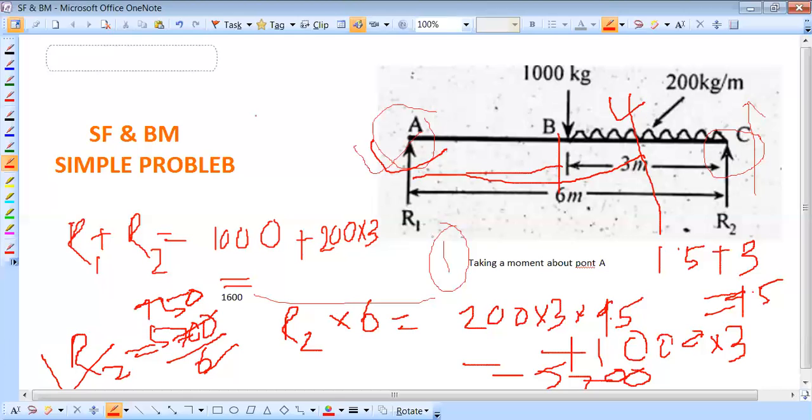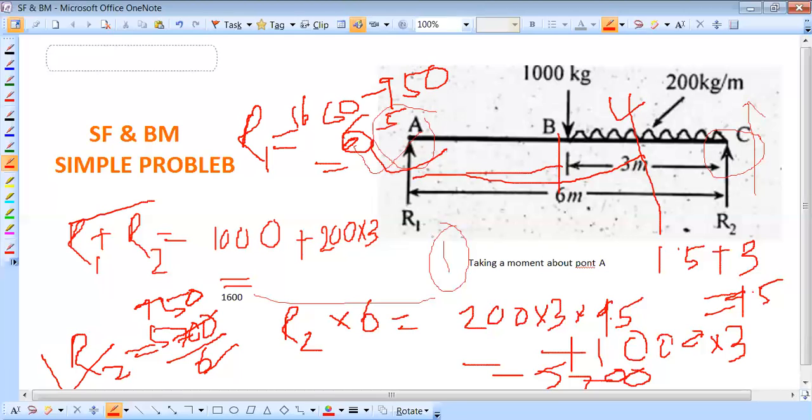Then putting the value of R2 in here, we get the value of R1. R1 is equal to 1600 minus 950, which is 650.